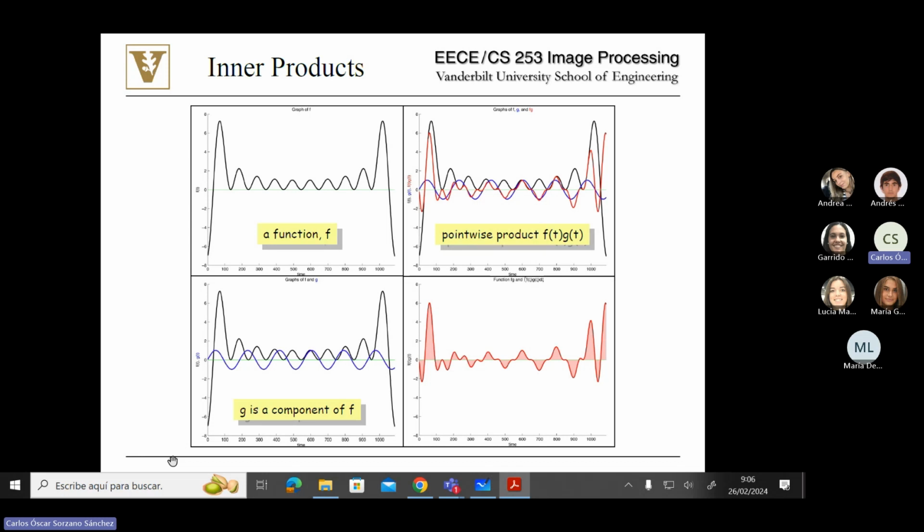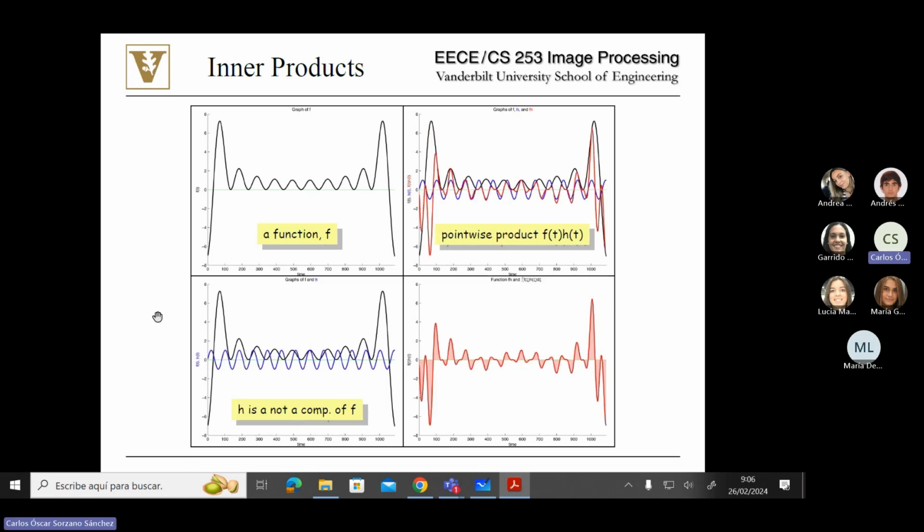Whatever that number is, is the inner product. The area is always the inner product. And then, if the area is 0, then they are perpendicular. And if the area is not 0, they are not perpendicular. So this area is not 0. You see that the positive areas are larger than the negative areas.